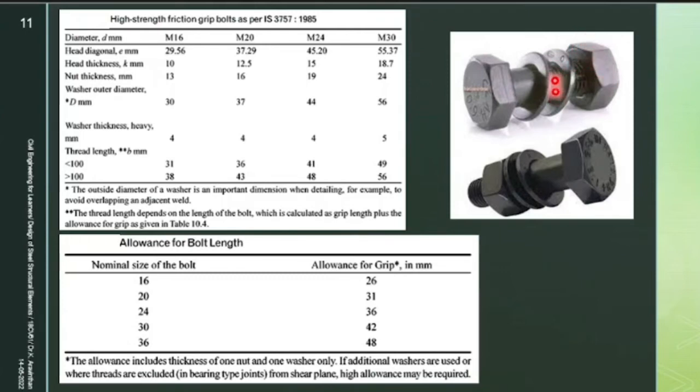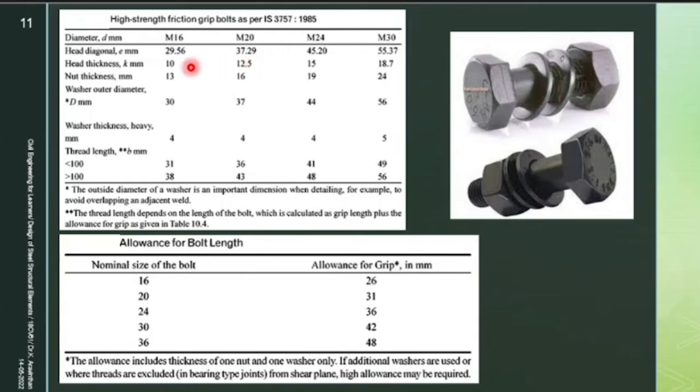You have to provide your material only in between these two washers. It will fix the component, and you will be screwing that, and it will provide friction between the components. Whatever the plate you are providing, it provides friction also. It adheres with that, and you will be getting much higher advantage.